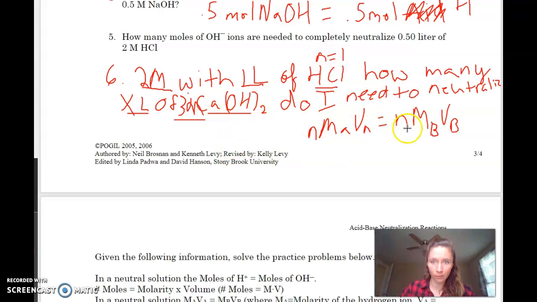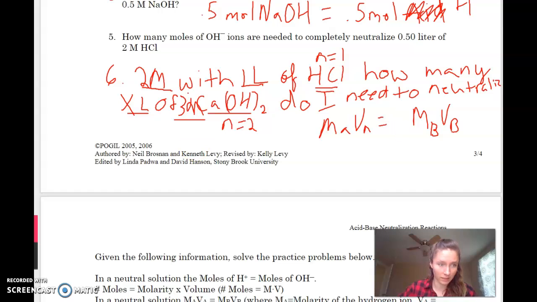For my base, each calcium hydroxide has 2 hydroxides. I know that because there's a little 2 here. So my N for my base is 2. So in this equation, I'm going to put a 1 on the acid side and a 2 on the base side. So here's my 1 and here's my 2.